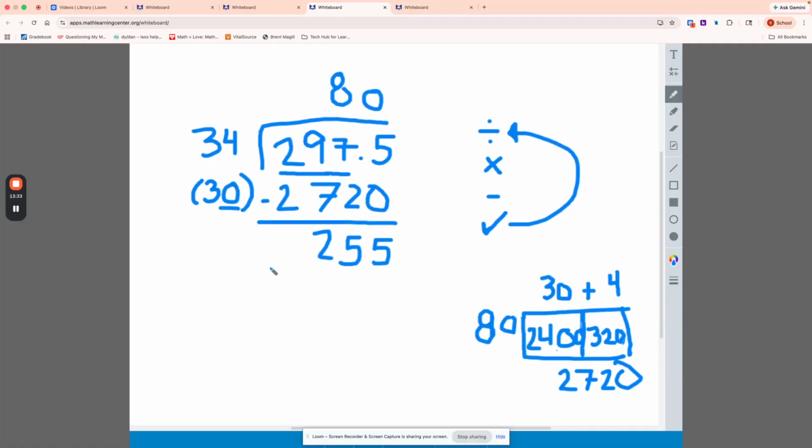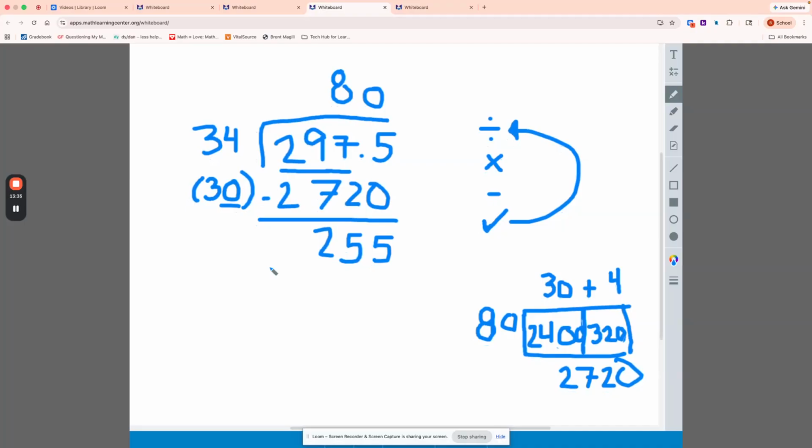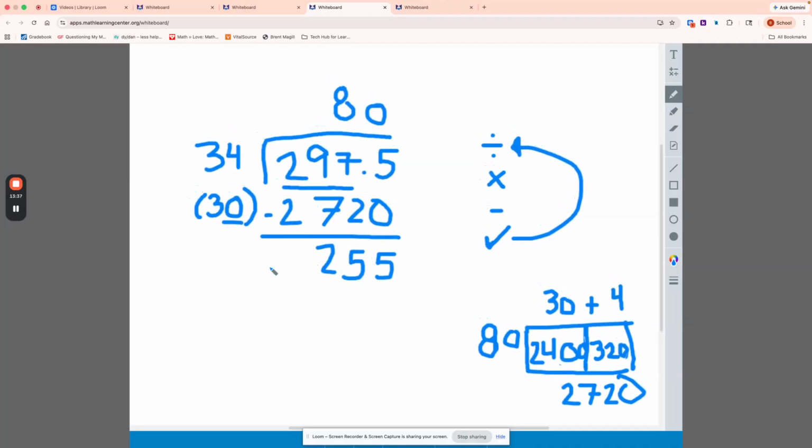We know that. But we also know, if you look up above, that 80 times 34 gives us 2,720. And if I just do 8, that's going to be 272. And that's going to be too large.